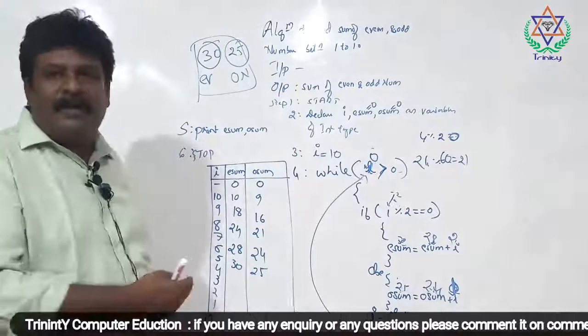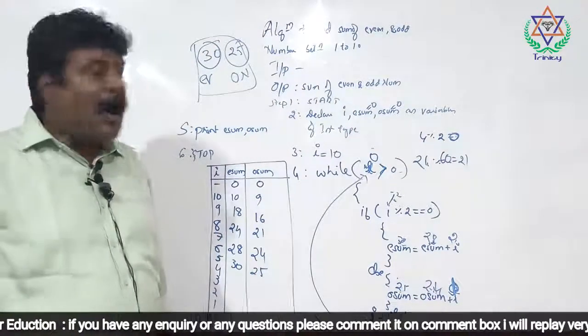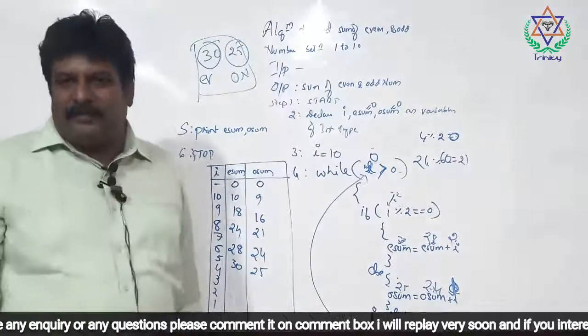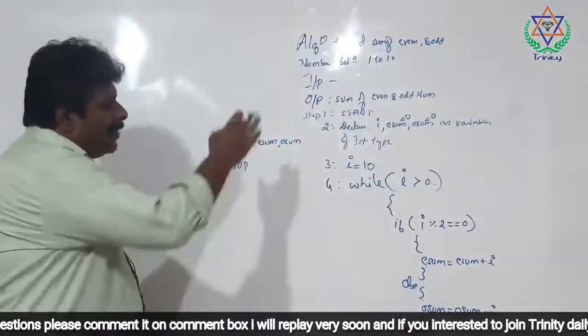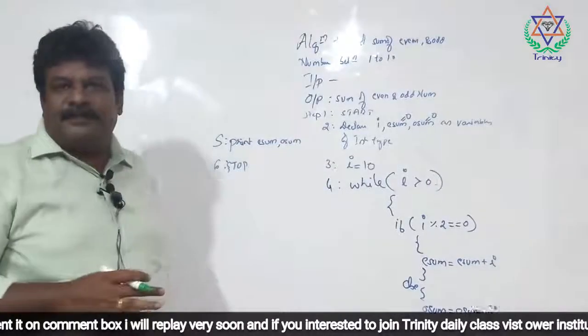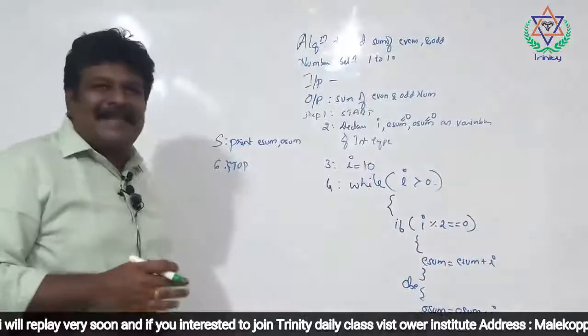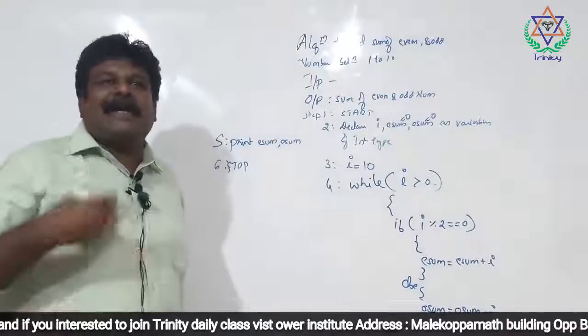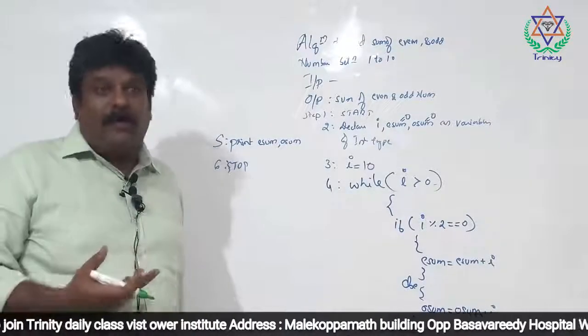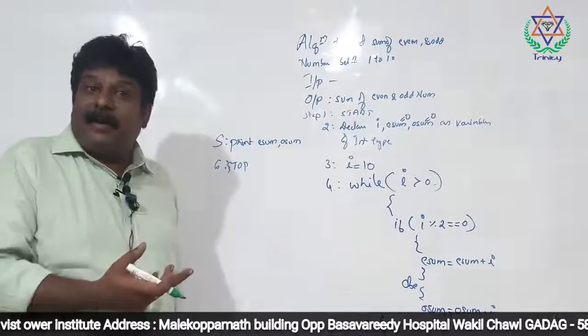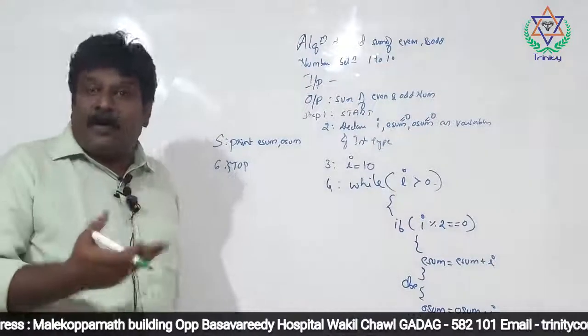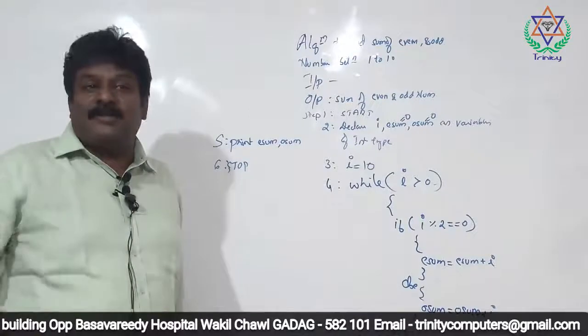This is the algorithm. Now we will learn how to trace this algorithm. I would like to trace this algorithm. Tracing is nothing but acting like a computer to find out whether I may get the intended output or not, without feeding it to the system.